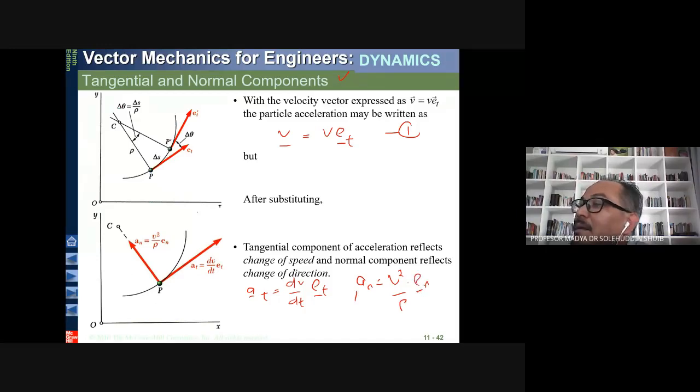Graphically this is how it looks. It's going this way, and then you have the value of this one. This is important for you to highlight and write down in your formula sheet to refer to later.